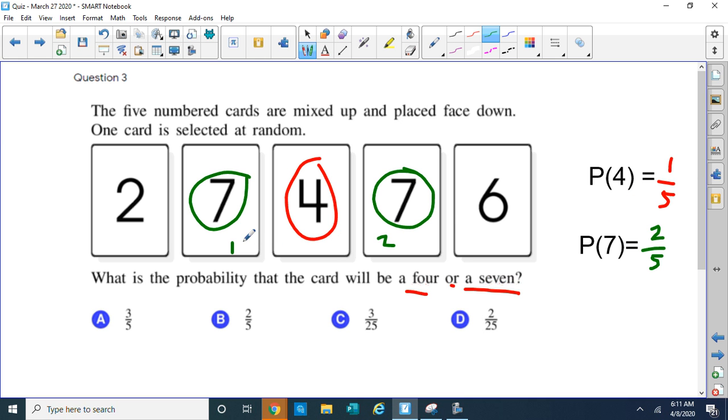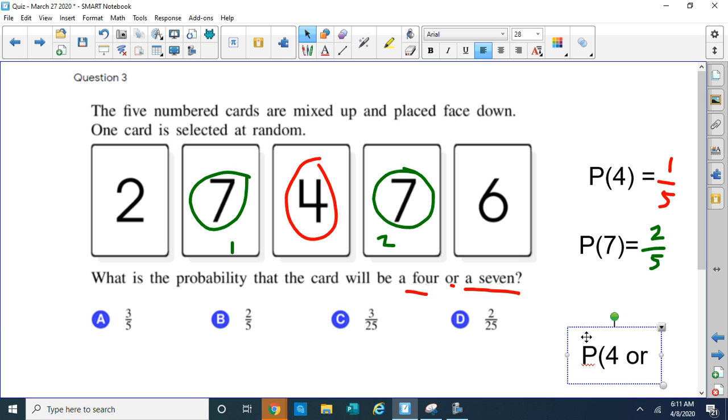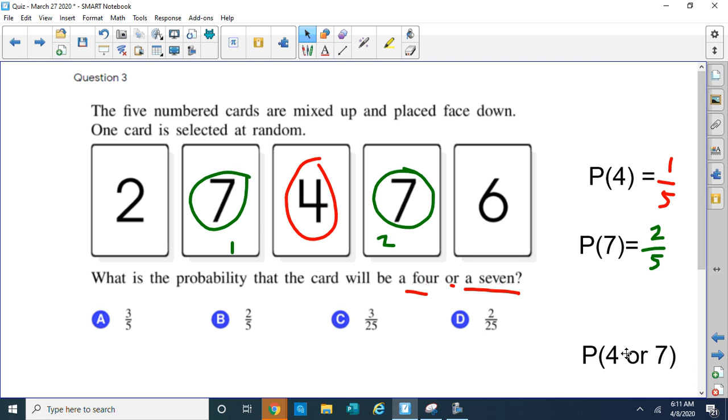So there's a total of 1, 2, 3 cards that we can get. So the probability of a 4 or 7, let's write that down here, probability of a 4 or 7. So that's our goal, to get a 4 or 7.